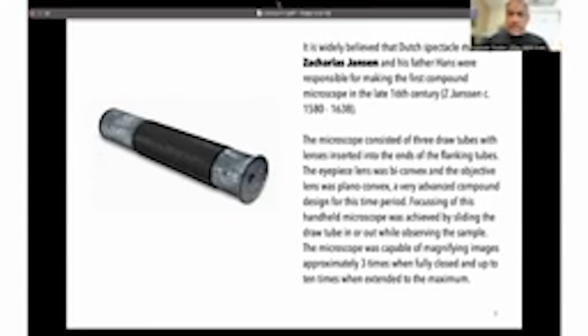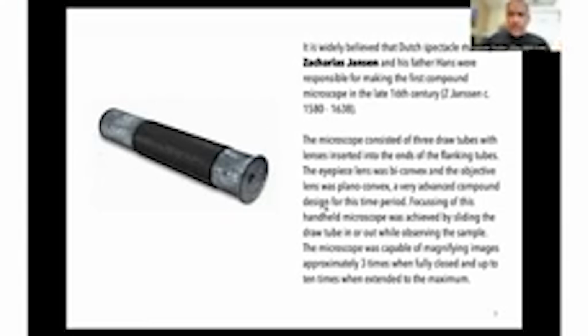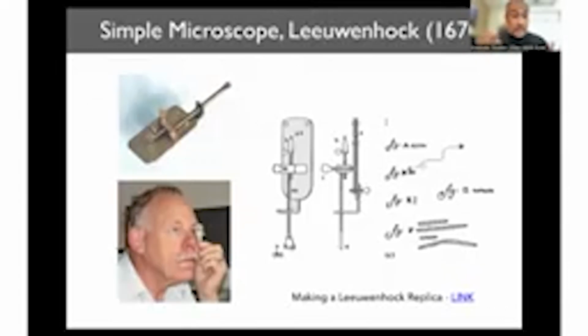But it allowed you to magnify things up to about 3 times. That by itself changed what they were able to look at, and the fact that they were able to look at new things allowed us to start noticing things that were happening that we couldn't otherwise.